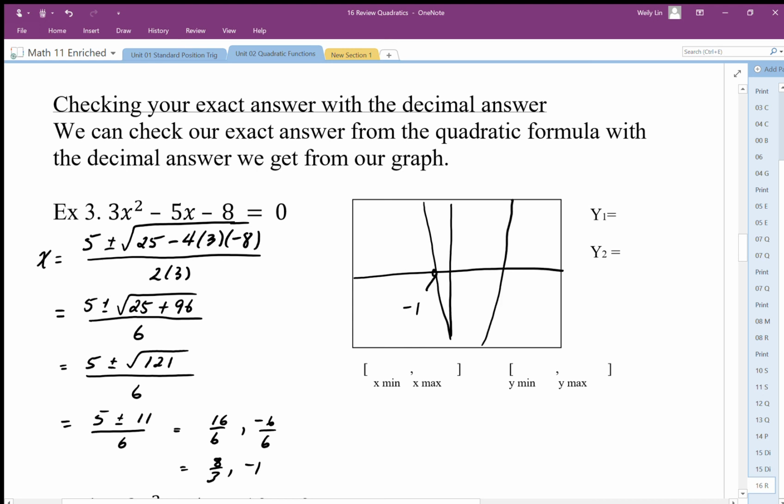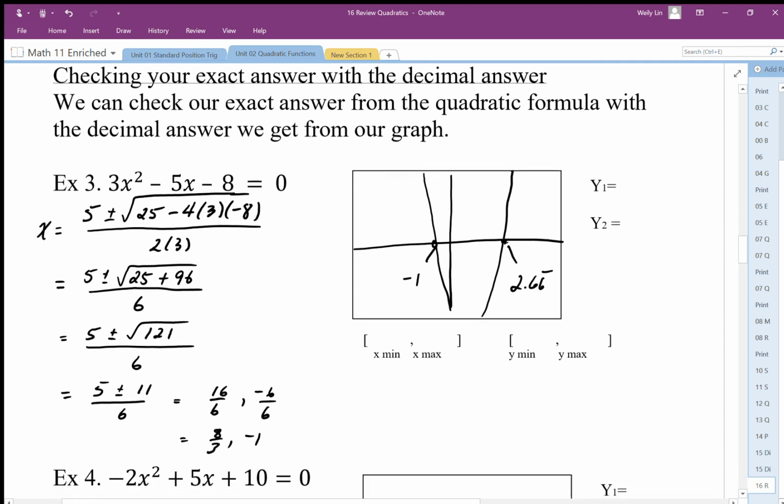And we get negative 1 as one of the zeros. I'm just using decimals right now, so I can just touch on the roots. And I get 2.667, or 6 repeating, as the other solution, and that's going to be the same as 8 over 3.